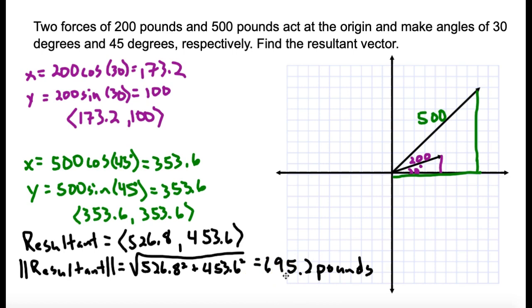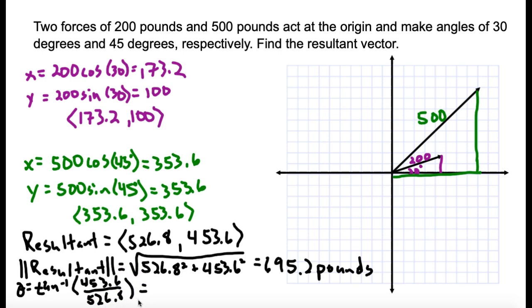All right. We could actually also then find the angle that resultant force is created. We could say that that would be the inverse tangent of my y over my x. So inverse tangent of 453.6 over 526.8.